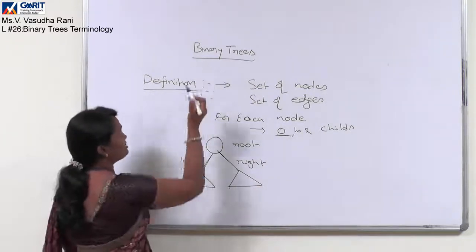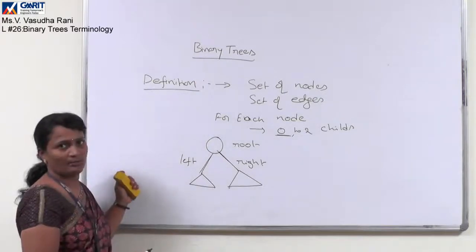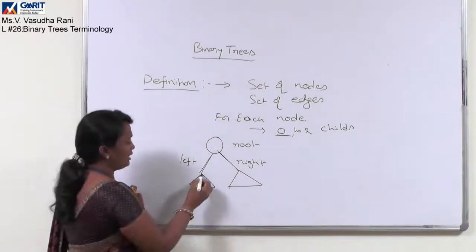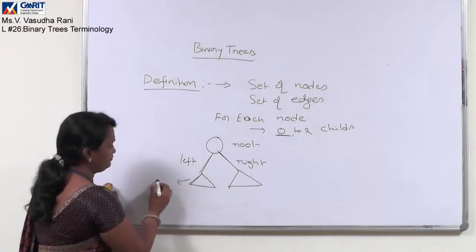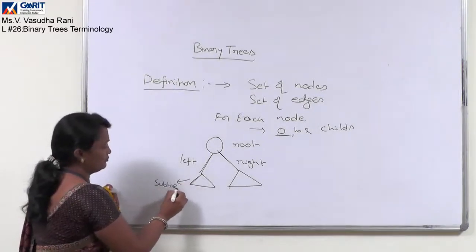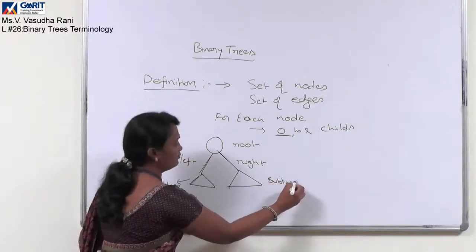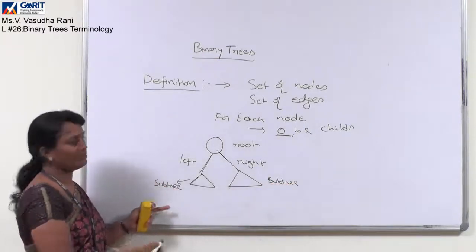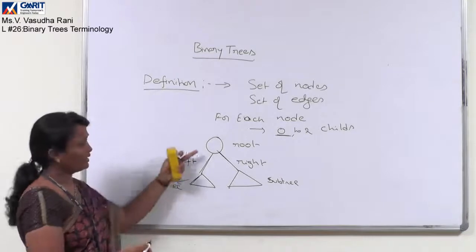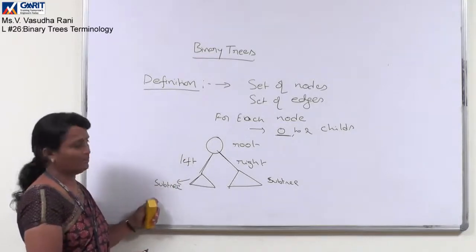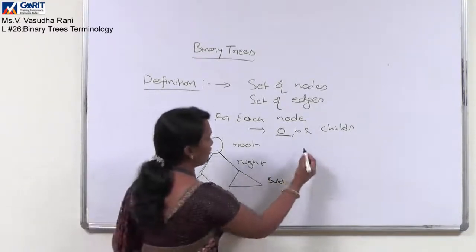That's why it is named a binary tree. So again, this is the left subtree, this is the right subtree. These two subtrees will follow the same characteristics of a tree.